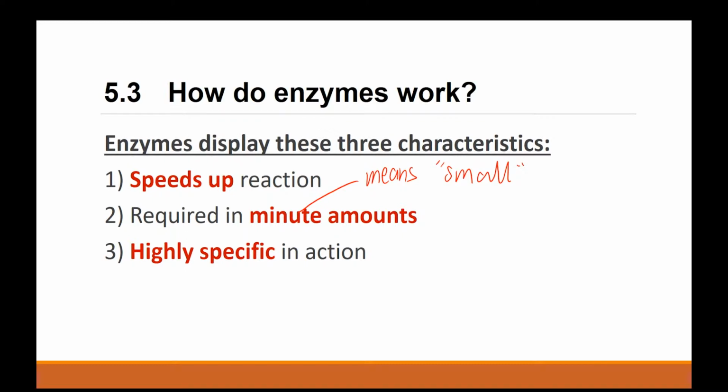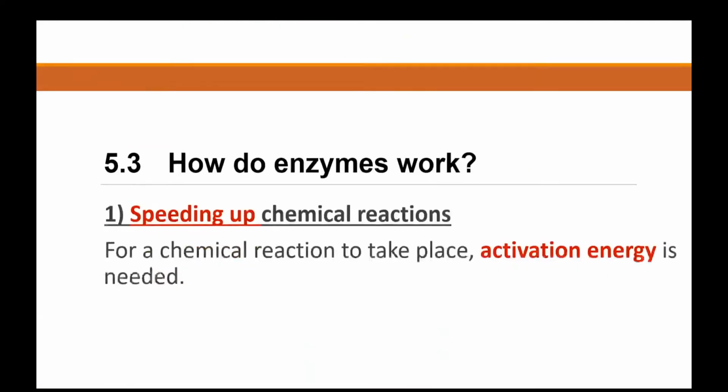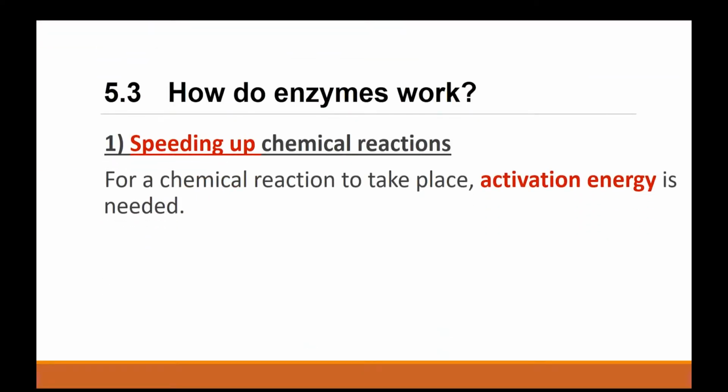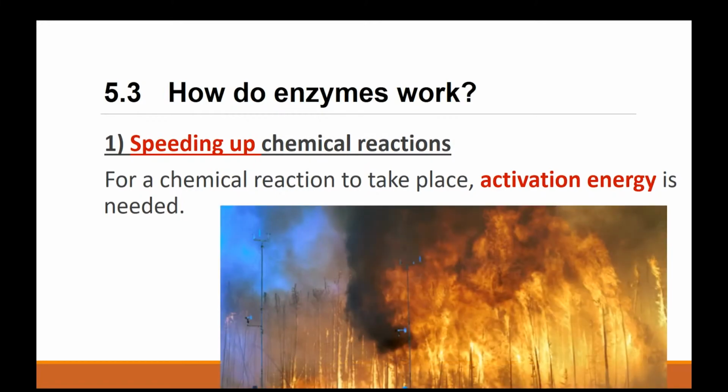Now, what do we mean by each of them? Let's take a look at some examples. In terms of speeding up chemical reaction, one thing that you must realize is that for a chemical reaction to happen, there's something that we call an activation energy. The term activate means to start something, to initiate something. So, for instance, if I want to burn this entire forest, we know the haze problem that we have right now.